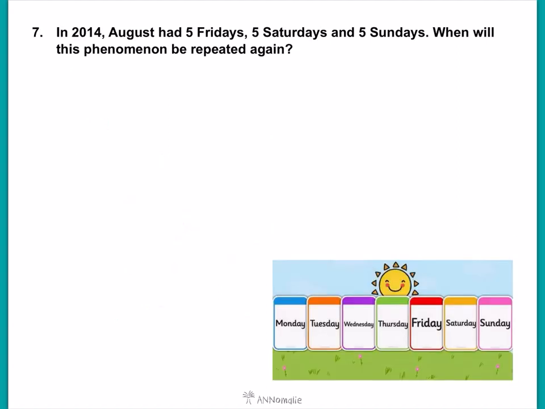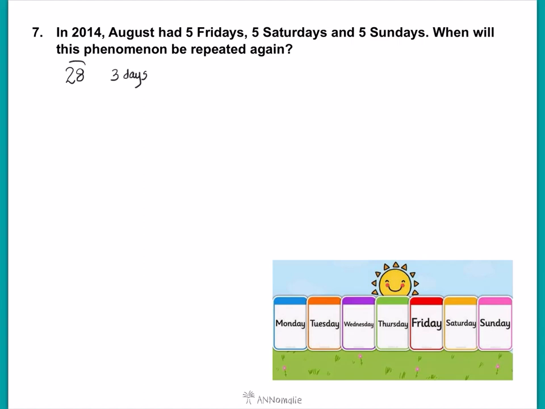Here is an interesting year problem which involves the understanding of leap years. In 2014, August had 5 Fridays, 5 Saturdays and 5 Sundays. How will that be possible? That is only possible if we use the 28 days and then there's 3 days left.